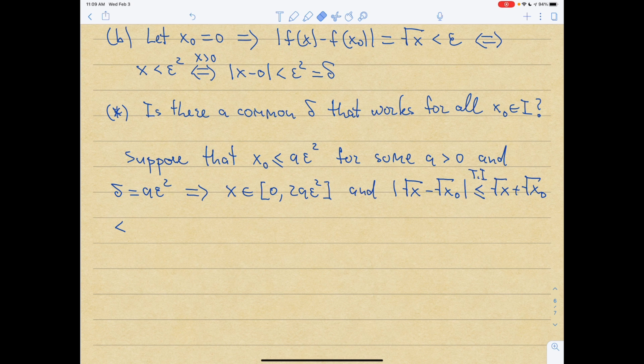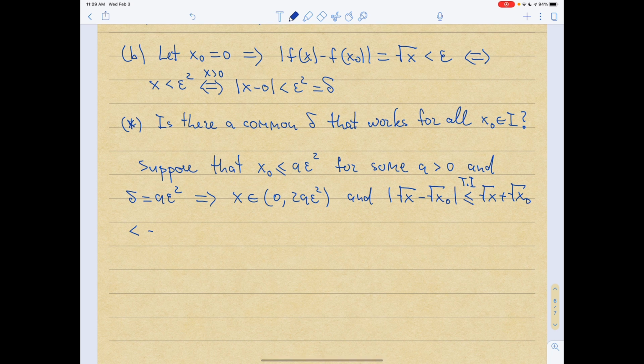So what does matter is that we should have strict inequalities here, right? Because x minus x0 is less than delta, and so the sign is less here. So this is less than, what is the square root of x? It's less than square root of 2a epsilon squared, and square root of x0 is square root of a epsilon squared, right?